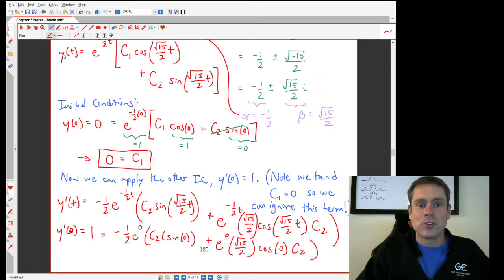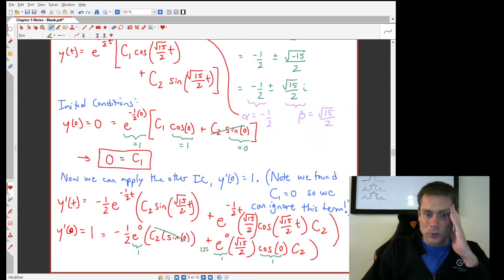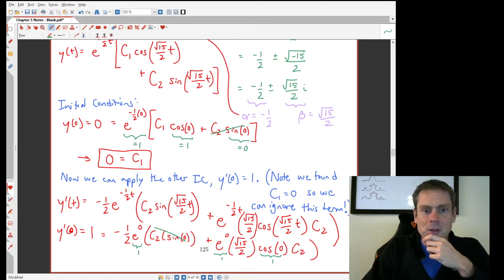Again, sine of 0 is 0, so that's gone. This is 1. This is 1, and so is this. So it looks like this whole first term is gone, and I'm going to get c2 equals 2 over root 15, just from doing a little bit of rearranging there.